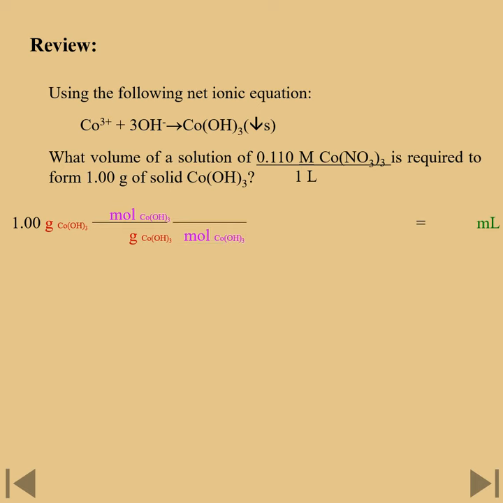And now from moles of cobalt-3 hydroxide and into moles of the cobalt-3 nitrate. Then from moles of cobalt-3 nitrate, using that concentration term, we get into liters of the cobalt-3 nitrate. And then from liters and into milliliters.